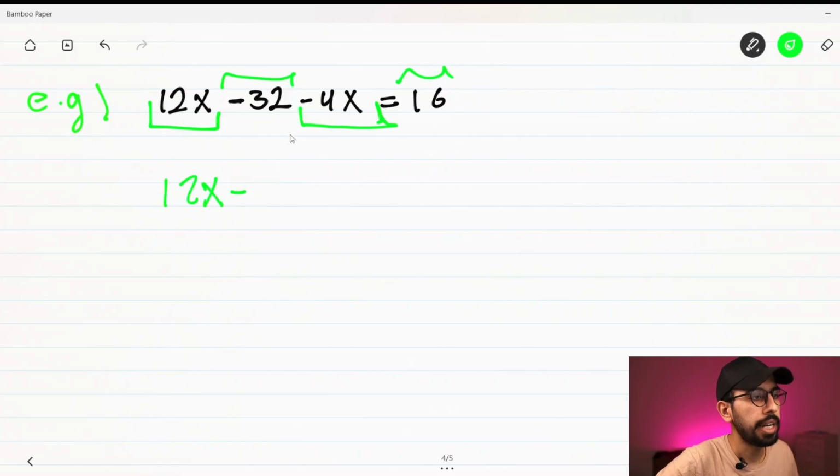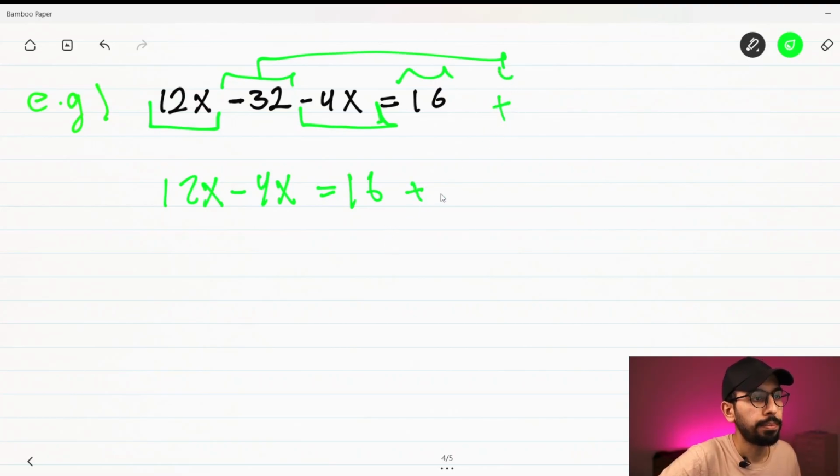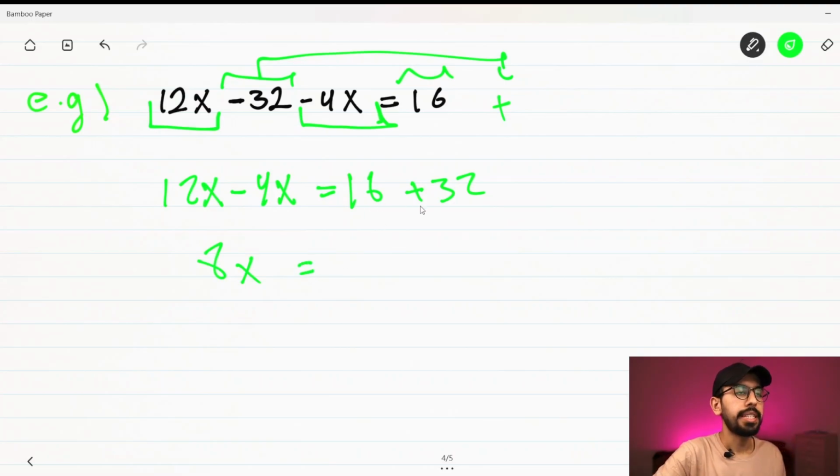12x minus 4x equals 16. This minus 32 is negative, so when it's moved to the other side, it will be positive. Then positive 32 on this side. 12x minus 4x is 8x equals 16 plus 32, 48.